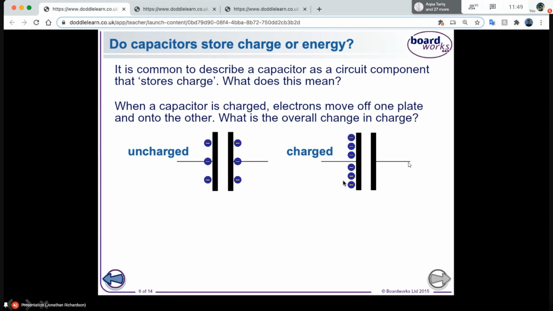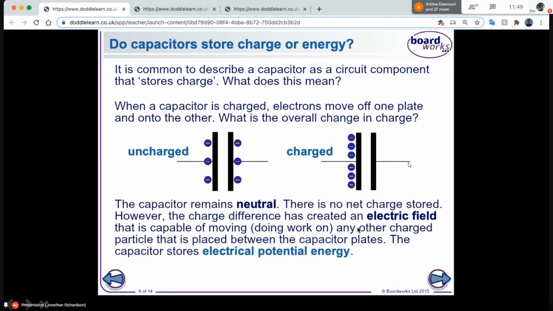This becomes negative, this becomes positive. And the capacitor itself remains neutral because the total charge on here is still equal to the total charge on here. It's just that the charge has transferred from one plate onto the other plate.